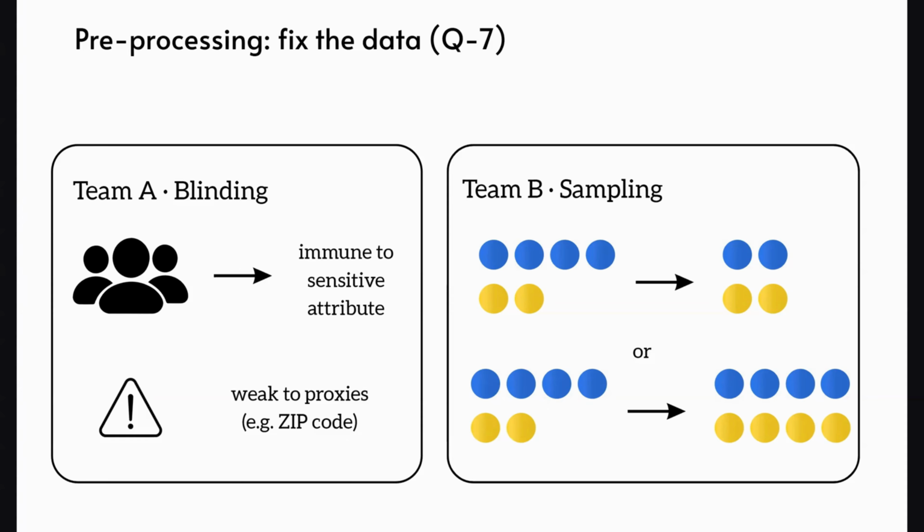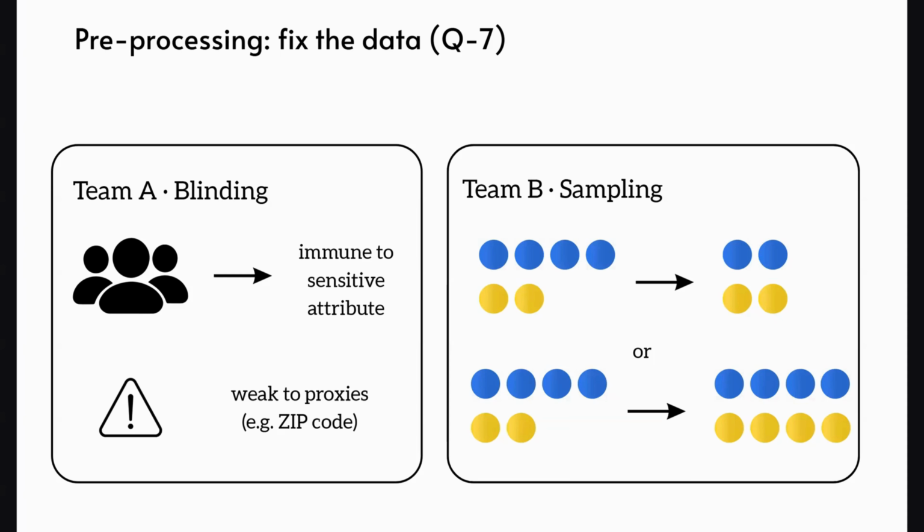Either you omit a whole feature, a sensitive attribute. That is called soft blinding, where you omit one particular sensitive attribute before the data is used for training, so that the bias does not occur. One issue with that is that it is sometimes weak to proxies.